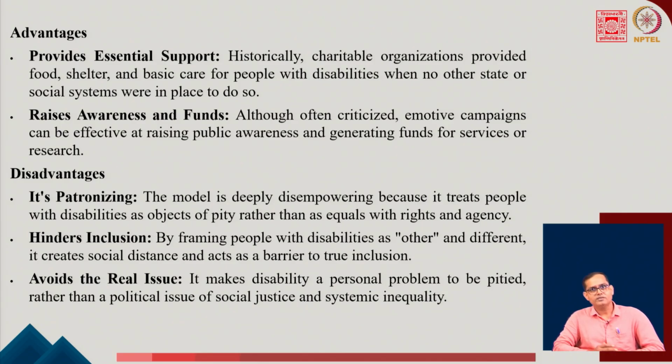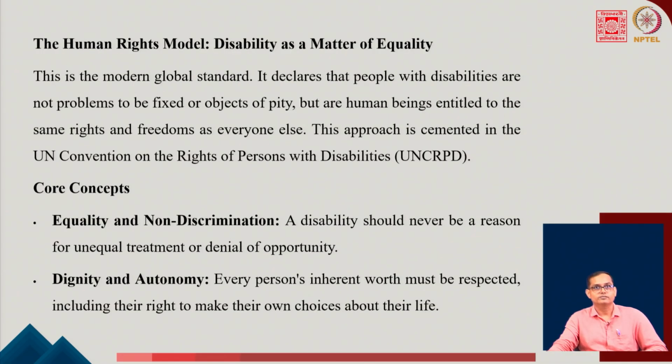By framing people with disabilities as other and different, it creates social distance and acts as a barrier to true inclusion. It avoids the real issue because it makes disability a personal problem to be pitied rather than a political issue of social justice and systemic inequality.